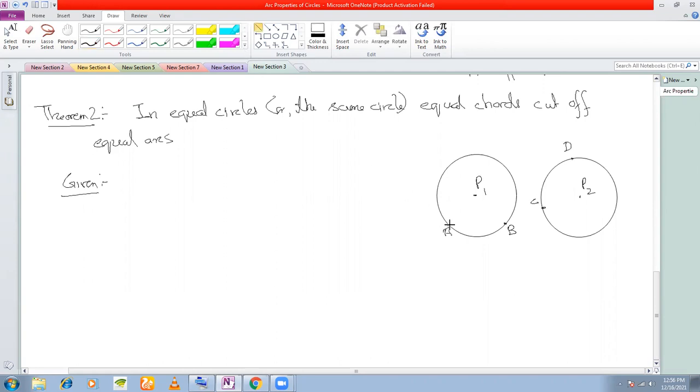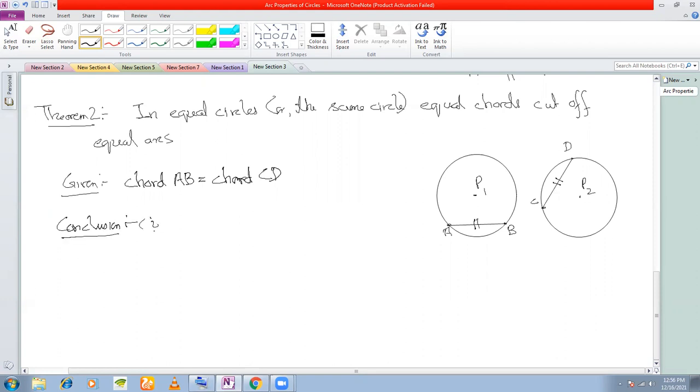So join these 2 points. This is a chord and this is a chord. In these 2 circles, I give you that these 2 chords are equal. So given chord AB is equal to chord CD. Then what is your conclusion here?